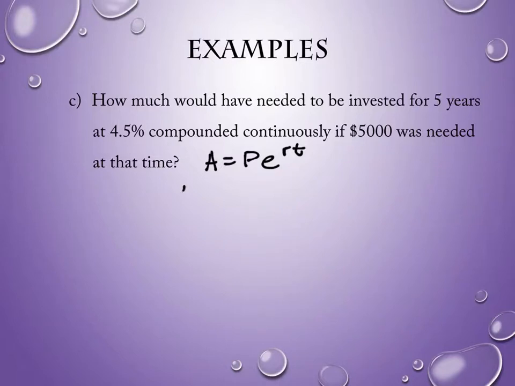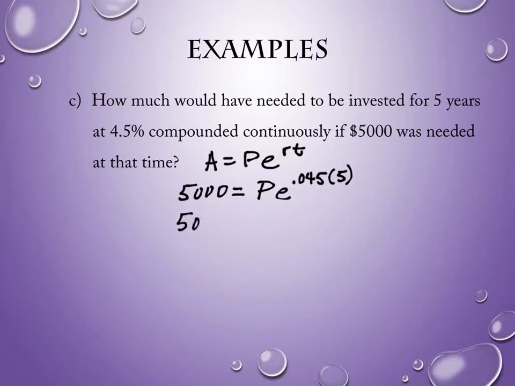I want $5,000. My question's asking how much my initial investment would need to be. So I don't know that it's $3,500 in this part of the question. It's telling me that I have the same interest rate, and I'm still dealing with a 5-year time span. So this is what I end up having.